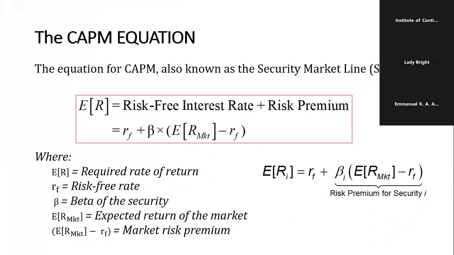Yes, please copy the formula: RF plus beta into brackets, R market, bracket close, minus RF. That is the formula. Note that beta into the return on the market minus risk-free is the risk premium for the security.